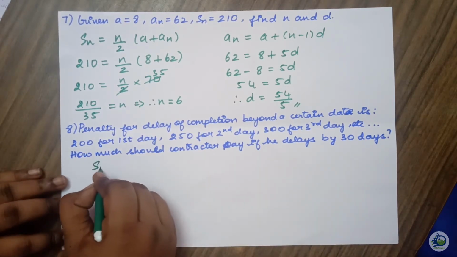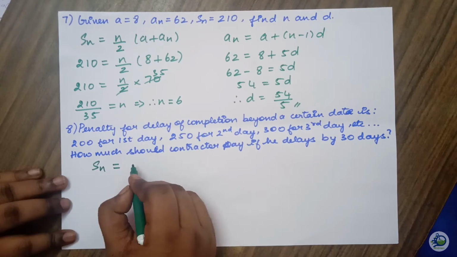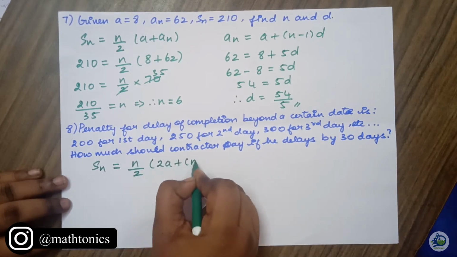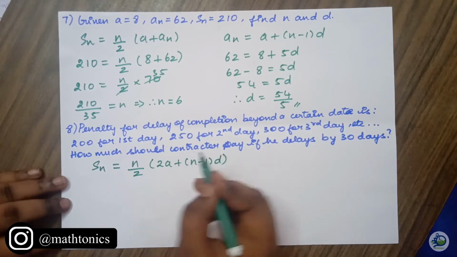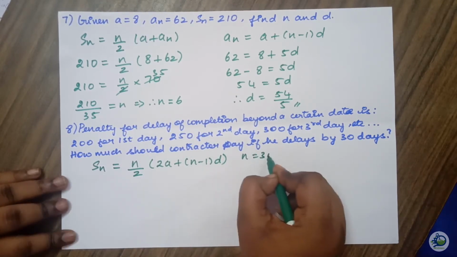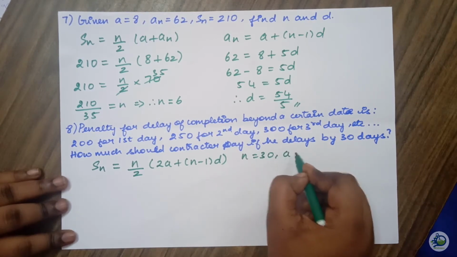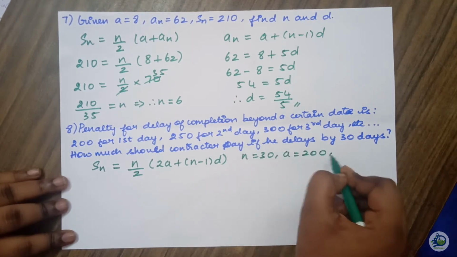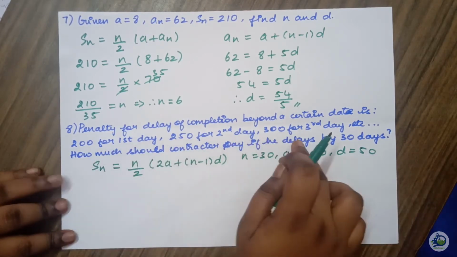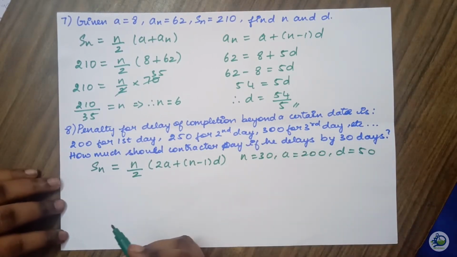So we are going to use the formula Sn is equal to N by 2 into 2A plus N minus 1 into D. Here Sn is what we are going to find. N is equal to 30 and A is equal to 200, D is equal to 50, because for each succeeding day 50 is getting added in the series.